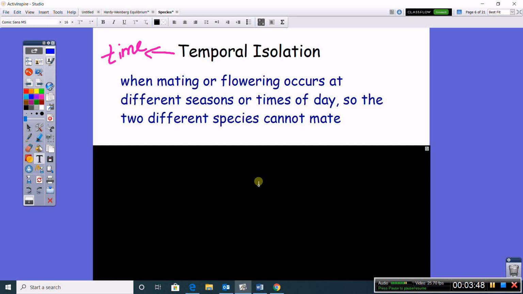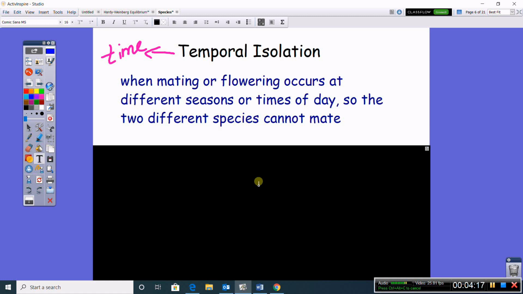What it says here is that temporal isolation is when mating or flowering occurs in different seasons or different times of day, so the two different species cannot mate. That could look like one species of frog mating in the spring and the other mating in the fall. Because they're mating at different times of year, they're not going to be mating with each other.